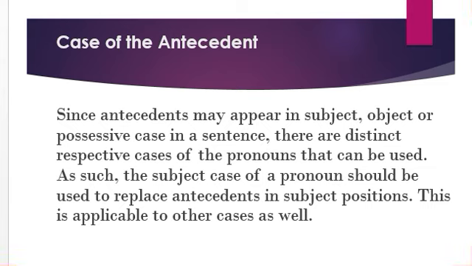Number 3, case of the antecedent. You must also consider the case of the antecedent when you want to replace it with a pronoun. You know, some antecedents function in the subject position in the sentence, while some function in the object position, while some function as possessive in the genitive case. Very easy.